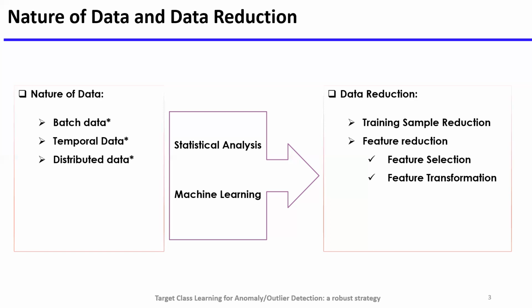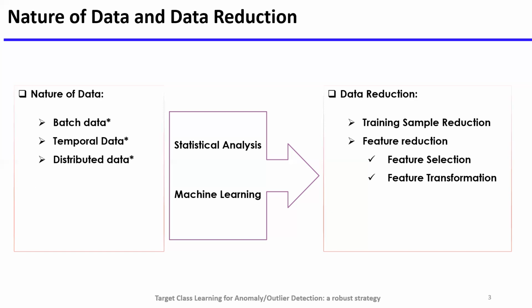If you want to reduce the features, then we must go for two options, that is feature selection and feature transformation. Feature selection is a technique where we choose the most promising features among the available feature space.